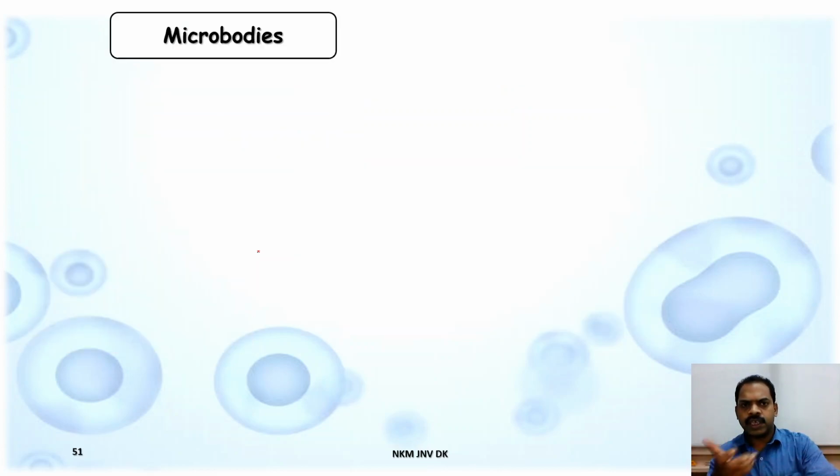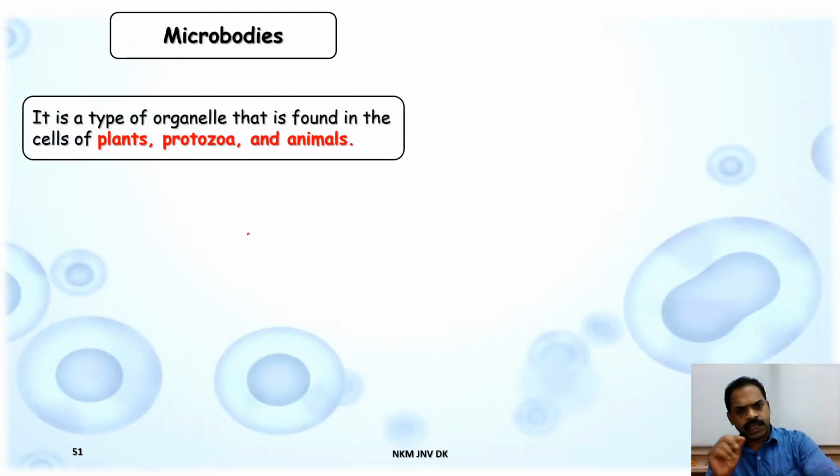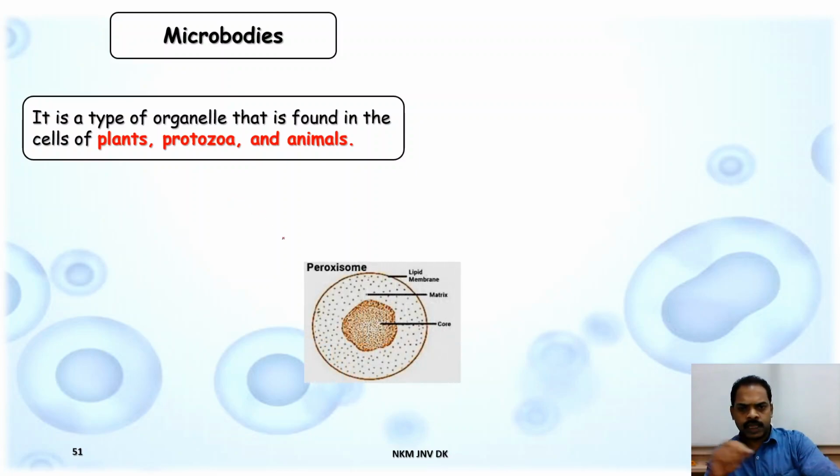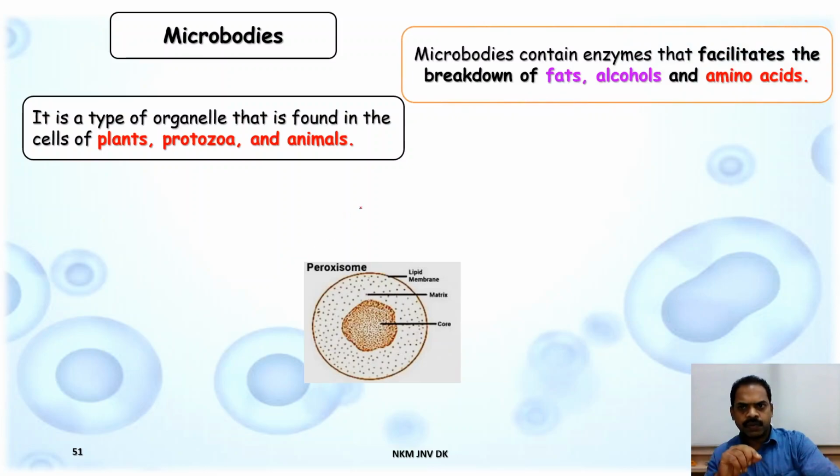Now let us discuss microbodies. Microbodies are a special type of organelles present in almost every type of organism, whether it is plant, protozoa or animals. Examples are peroxisomes. You may not have heard about them because they are less discussed.